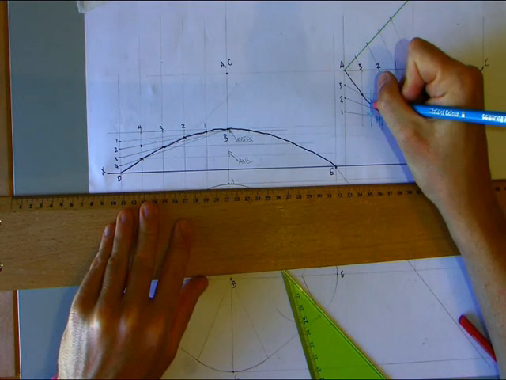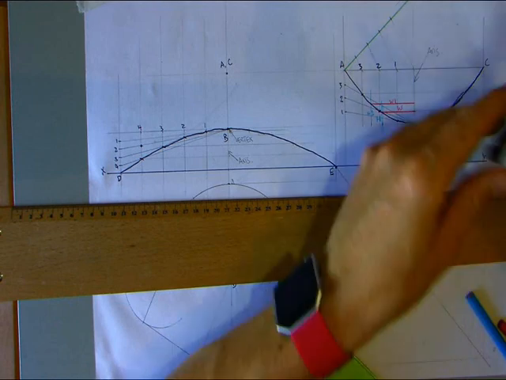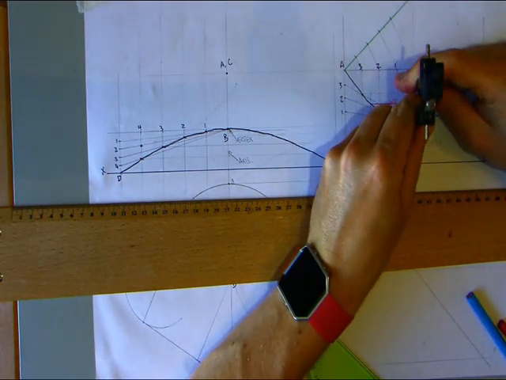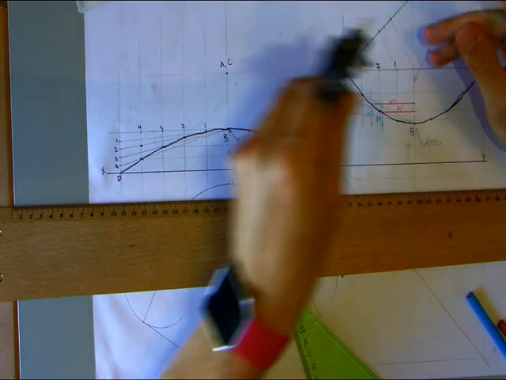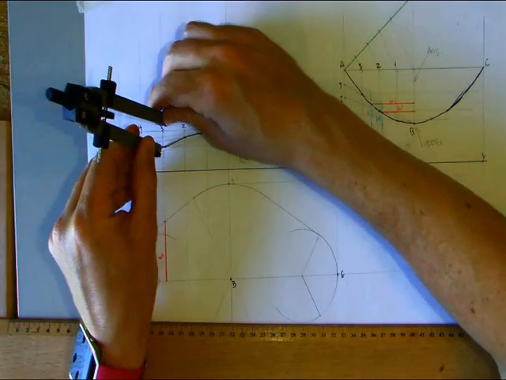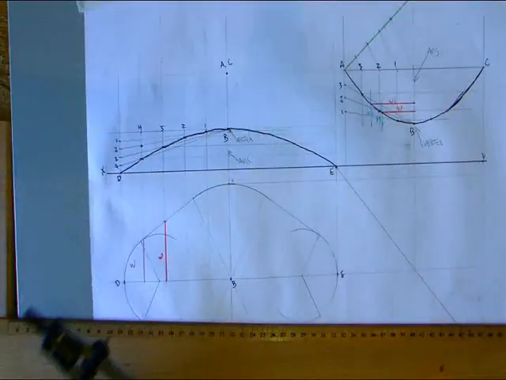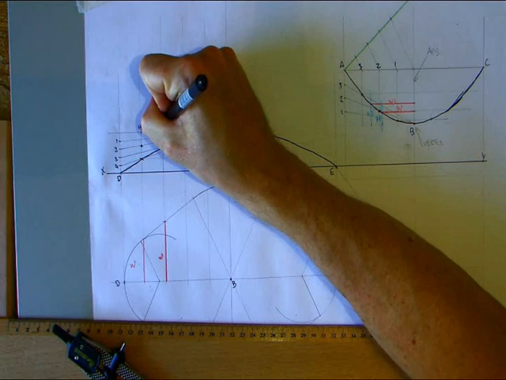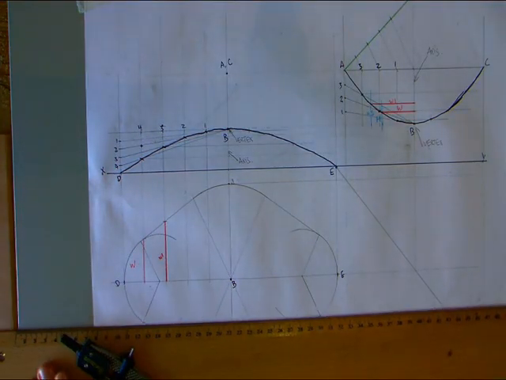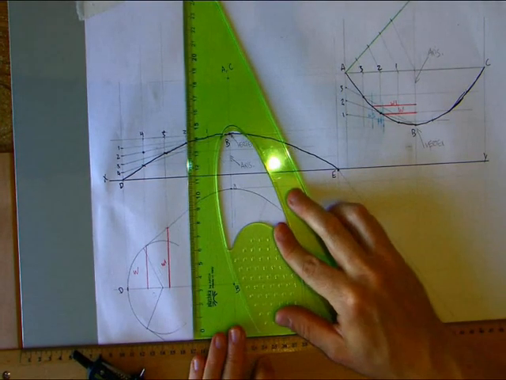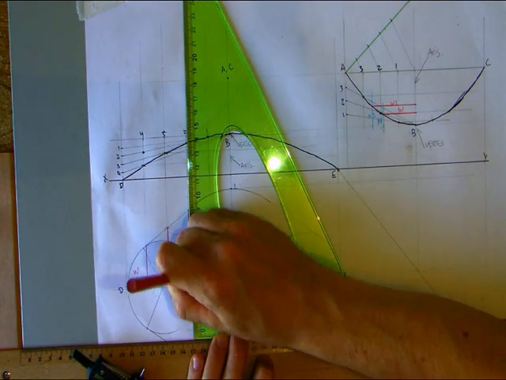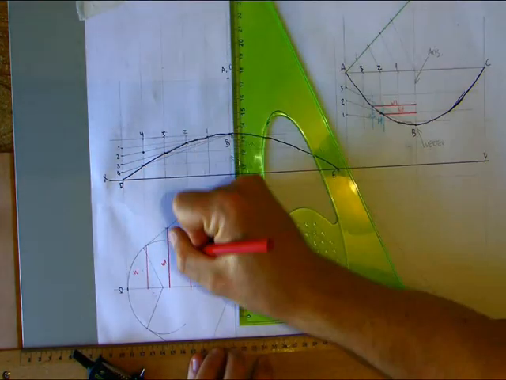Okay, so now with that height 1, I'm going to take that measurement, again with my compass measuring tool, and on the vertical cut 3 from the parabola here, I mark it in, making it evident with a dot. We repeat this process over and over again, and we'll end up getting the front elevation solution. So we take vertical cut 2, giving us width 2.